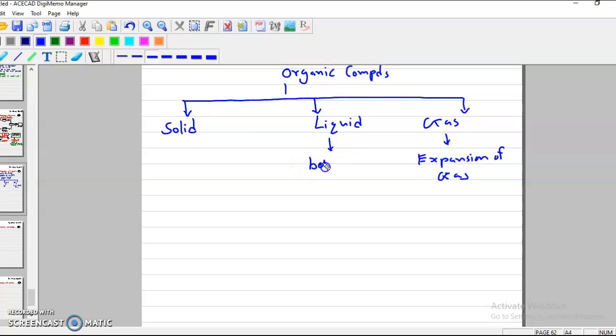So the liquid is kept between sodium chloride plates. And if it is a solid, we have to prepare it as a mull or press disc, or we can prepare a glassy film.